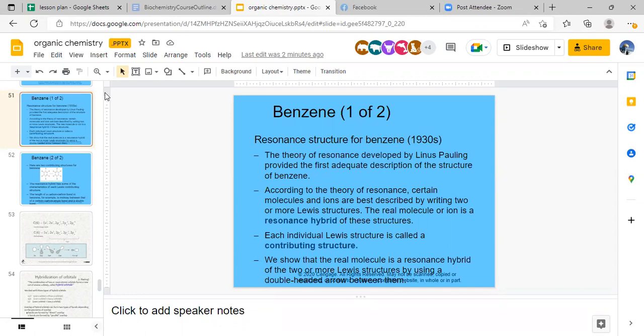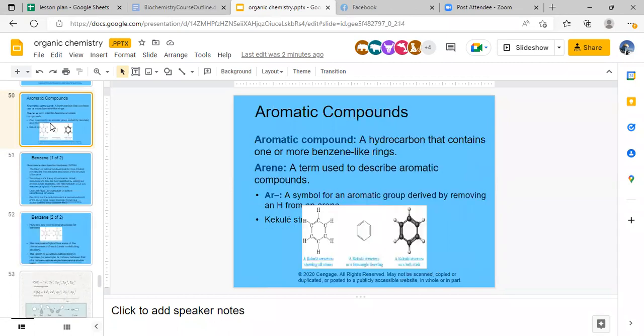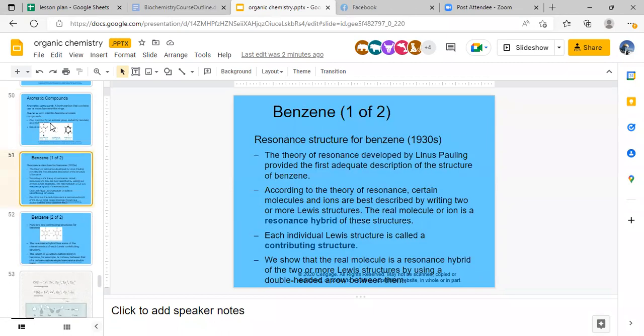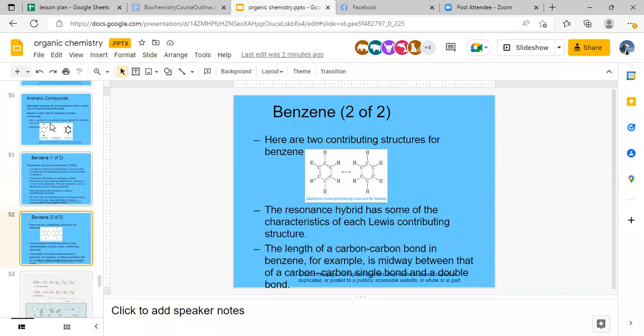So instead of that structure, ito lang isang structure. Actually, it's a combination of both structures kasi yung electrons nga free to move around. That's why yung benzene can be drawn something like this.